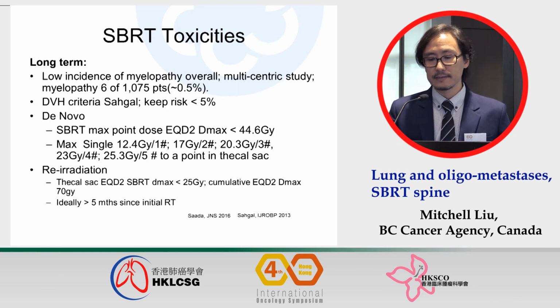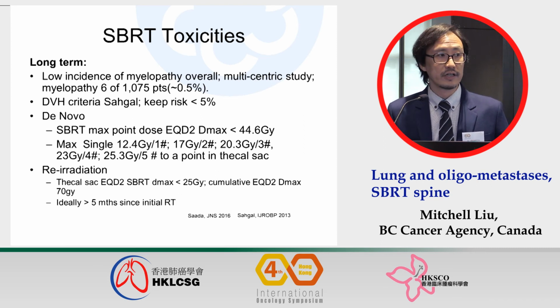For long-term toxicities, most concerning obviously would be radiation myelopathy, but in general the rate is relatively low, usually less than 1 to 2%. Dr. Segal has published data regarding dose constraints for spinal cord for both de novo treatment and retreatment.